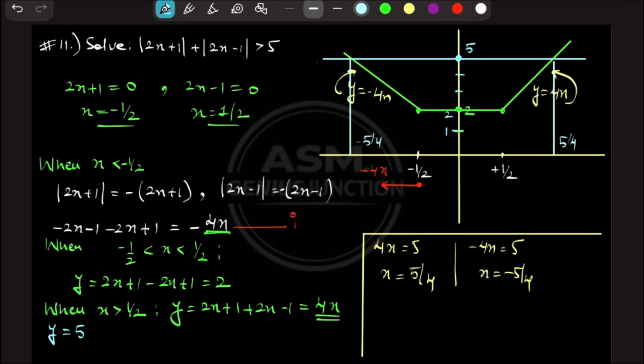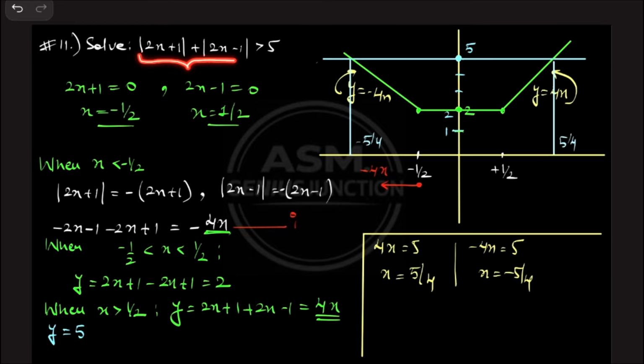So my final answer for the given question says that the graph of these two modulus functions is greater than 5 when I am on this side or on this side. Why am I saying this? Because on the left hand side of this point, the graph of the green line is above y equals 5.